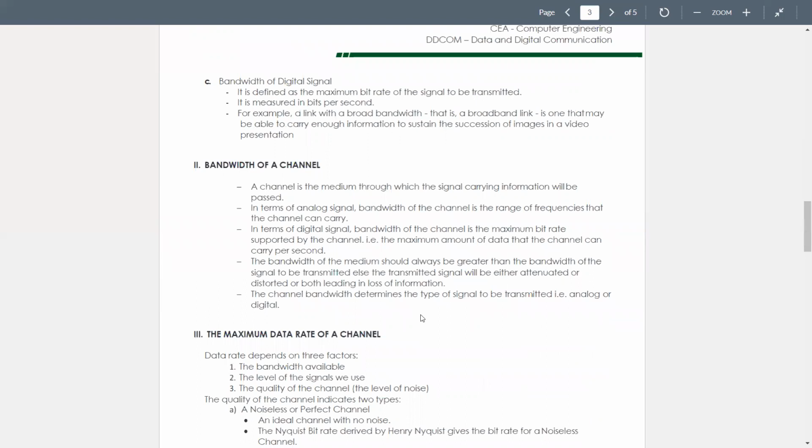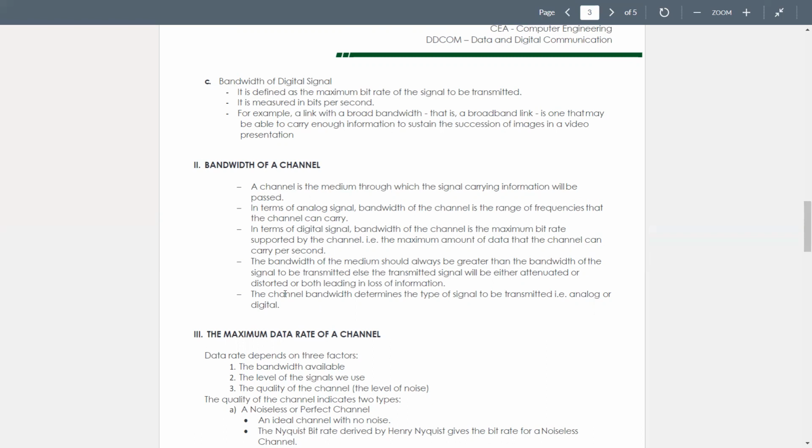Because we transfer bits here, while this one we transfer in the form of frequency. Then the bandwidth of the channel: the channel is the medium through which the signal carrying information will be passed. The speed will be affected by the bandwidth of the channel, because it tells you how much data it can carry. This is actually the service your ISP is serving you, the PLDT, the Converge, the Globe.